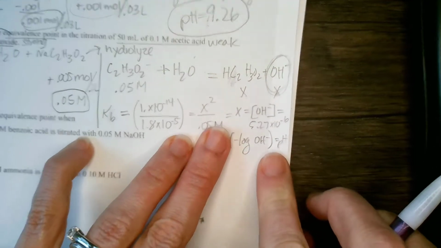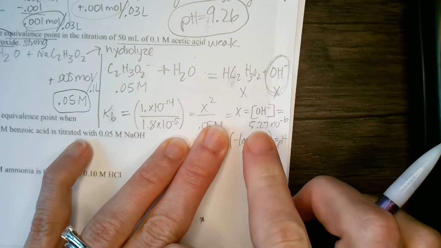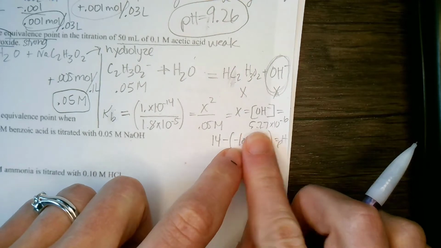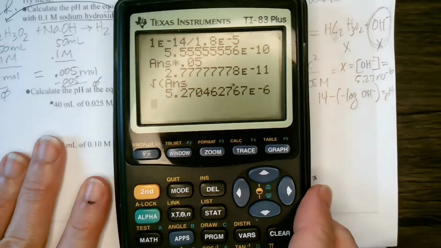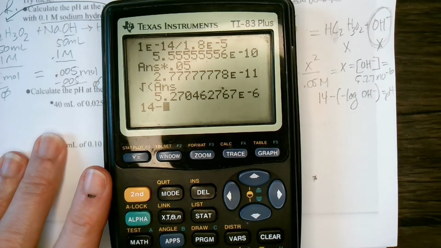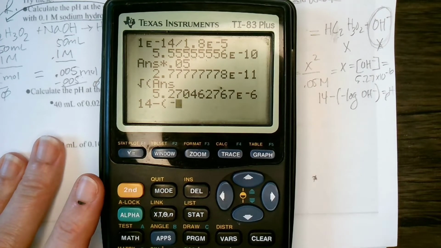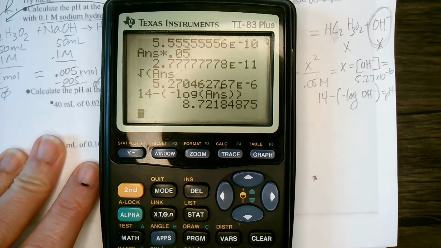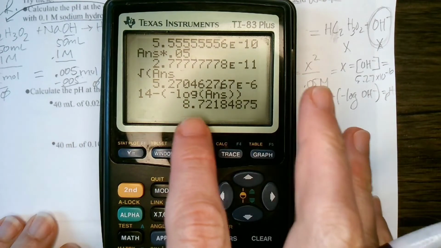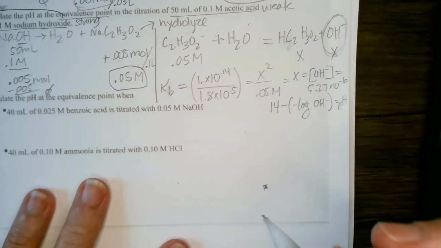If I take the negative log of hydroxide, I get the pOH. 14 minus pOH will give me the pH. So let's just take that all in together. 14 minus the negative log of my answer. And I get 8.72 for my pH.